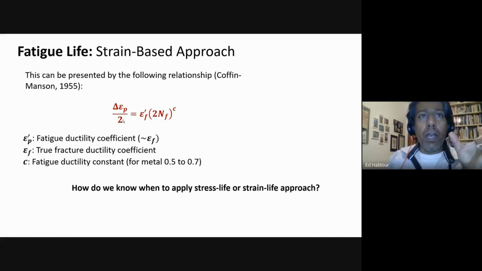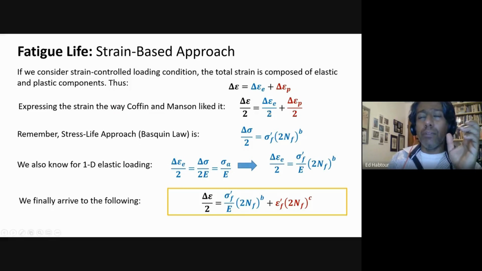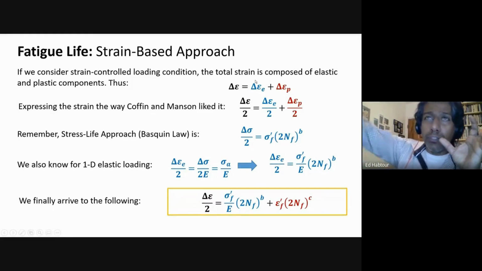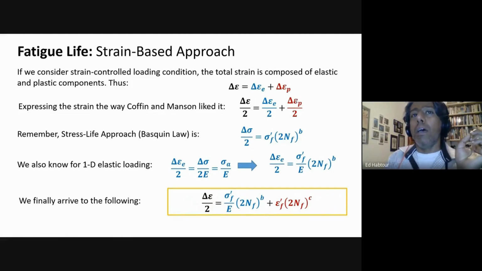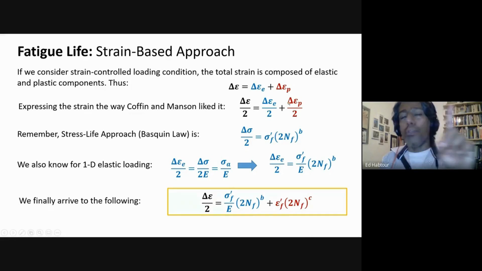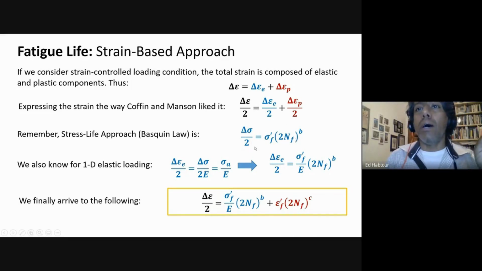For the sake of time, I'll just show it to you here and jump into the derivation in terms of the approach. Here, the strain is basically now elastic, which is the stress based, and the plastic, where we include the plasticity into it. And we include now the Coffin-Manson into this equation. And now we have both components included in the calculation.